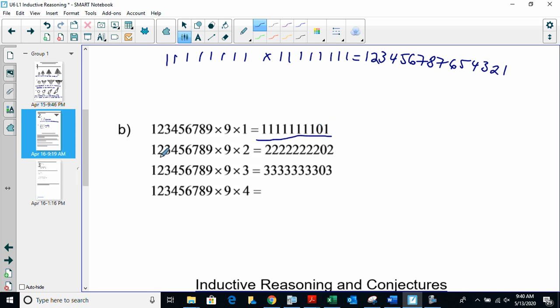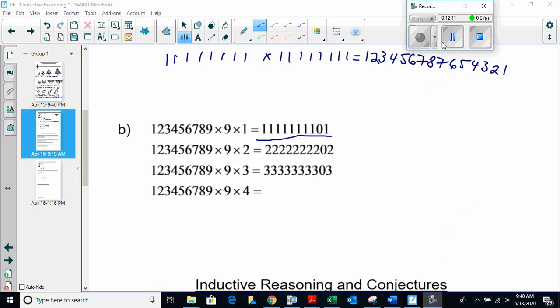And then when you multiply 1, 2, 3, 4, 5, 6, 7, 8, 9 by 9 and 2, the result will be 1, 2, 3, 4, 5, 6, 7, 8 digits of 2, followed by 0 and a 2.